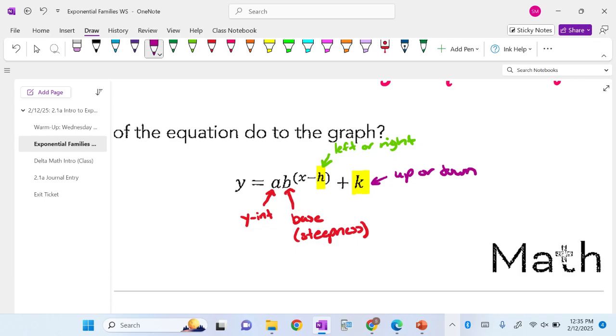What changed in that table with the k value when we added or subtracted a k value to it? The asymptote and the range changed. So it also controls what your asymptote is, and it also controls what your range is, or where your range starts or ends, depending on what type of graph you're looking at.